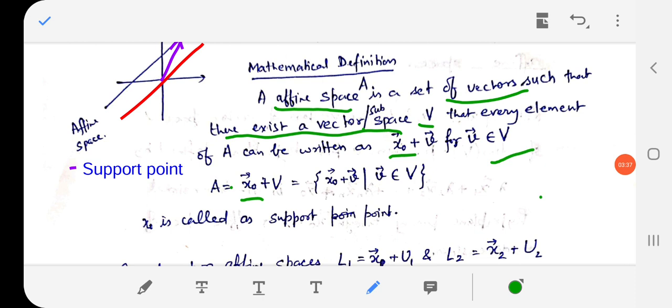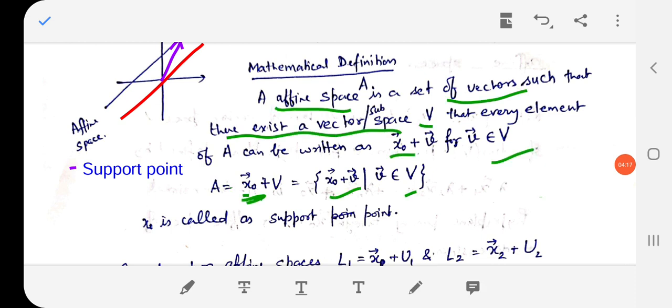So this x naught is a vector of W, the larger vector space. You add this particular x0 to every vector of V, then the set of vectors formed is called an affine space. That is the definition of the affine space.